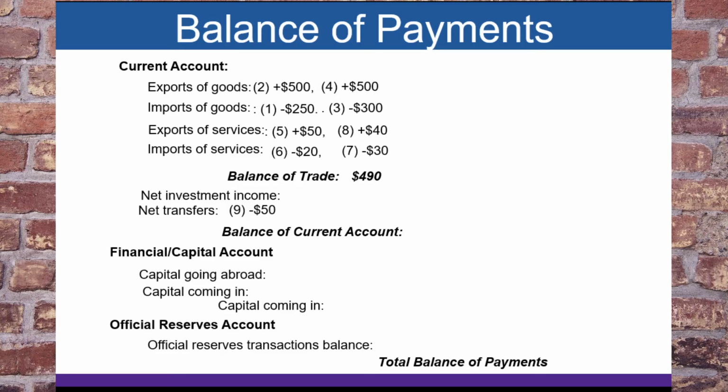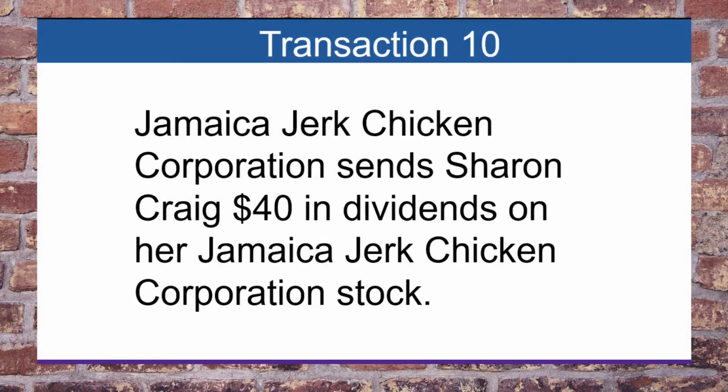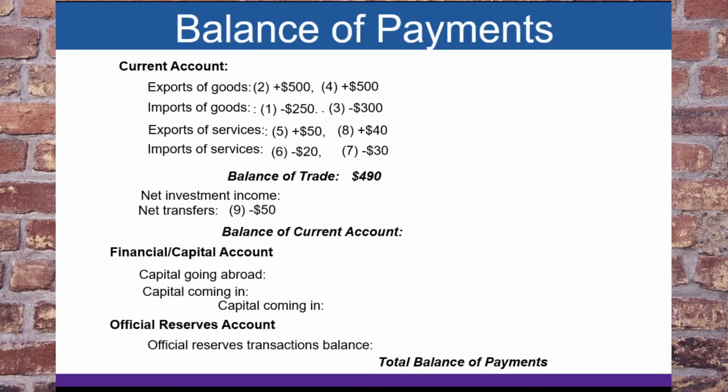Then the Jamaican Jerk Chicken Company sends Sharon Craig $40 in dividends on the Jamaican Jerk Chicken she bought. Right. So Sharon had bought shares of Jamaican Jerk Chicken, and now there's a dividend. So there's a payment coming to her. All right. So we'll move back to the balance of payments, right?